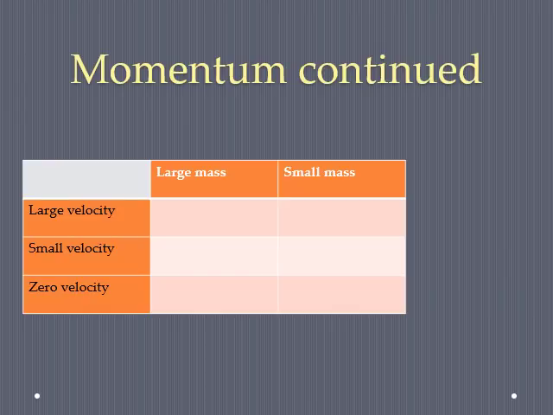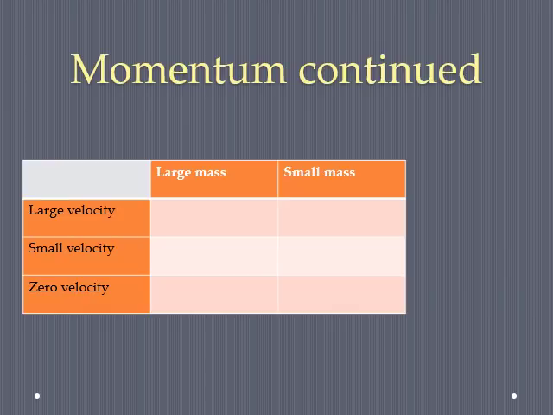I would fill in each of those boxes with an object that you think would fit there. An object that has a large mass and a large velocity would go in the first square, small mass and small velocity in the second square. I'd recommend pausing the video and filling out your own table so that you have your own objects that make sense to you, and then coming back and I'll talk to you about the ones that I picked in just a second.